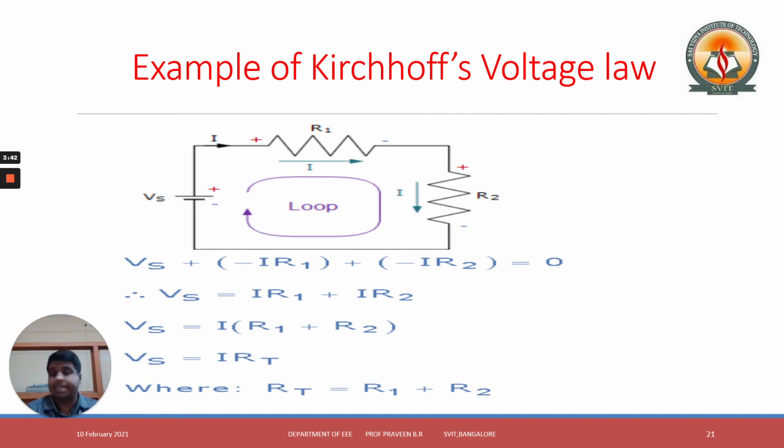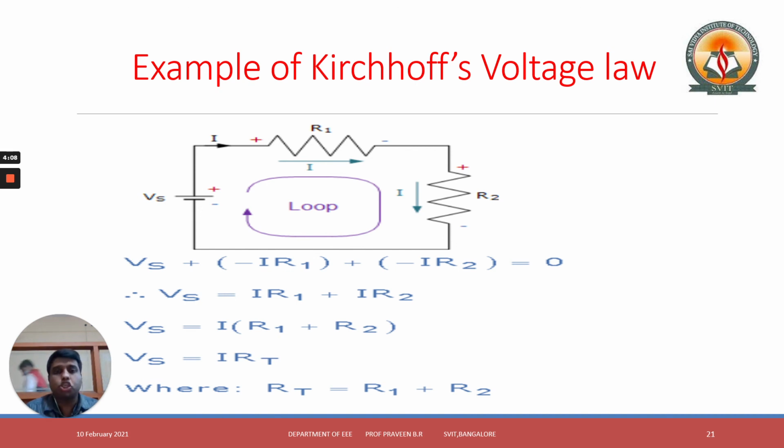If I take an example, here the current flows from negative terminal to positive terminal. So I consider the voltage as positive Vs, whereas in the resistance R1, I mark the terminals as positive and negative. So when current flows from the positive terminal to the negative terminal, the voltage drop across R1 is taken as minus I into R1.